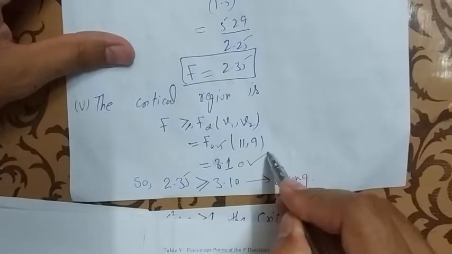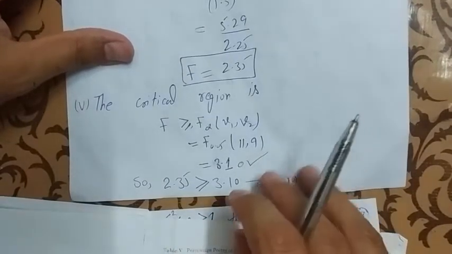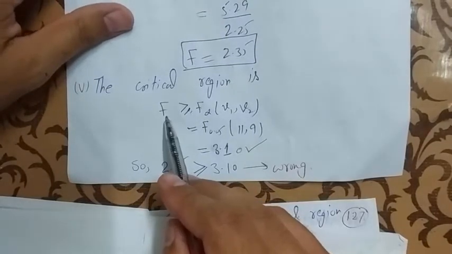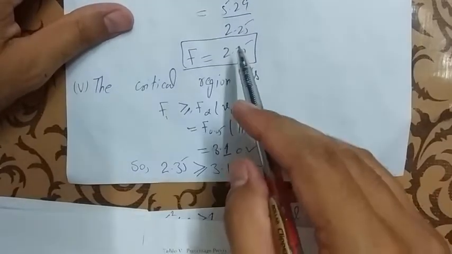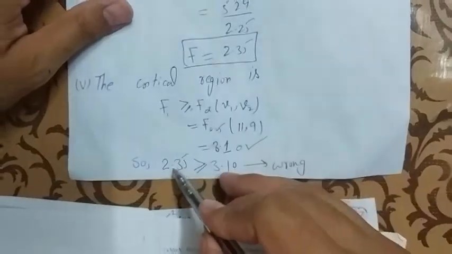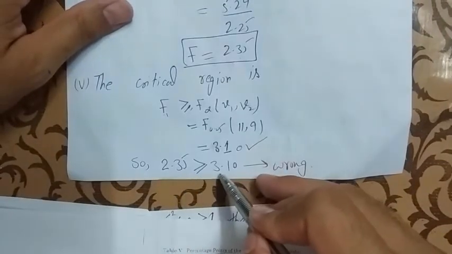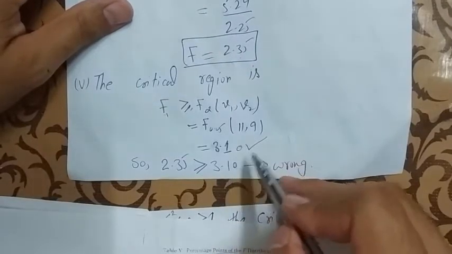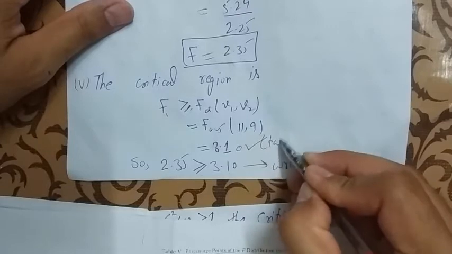This same result I calculated in the previous lecture. So the F value calculated from the computation is 2.35, compared with 3.10 from the table. This is the table value.